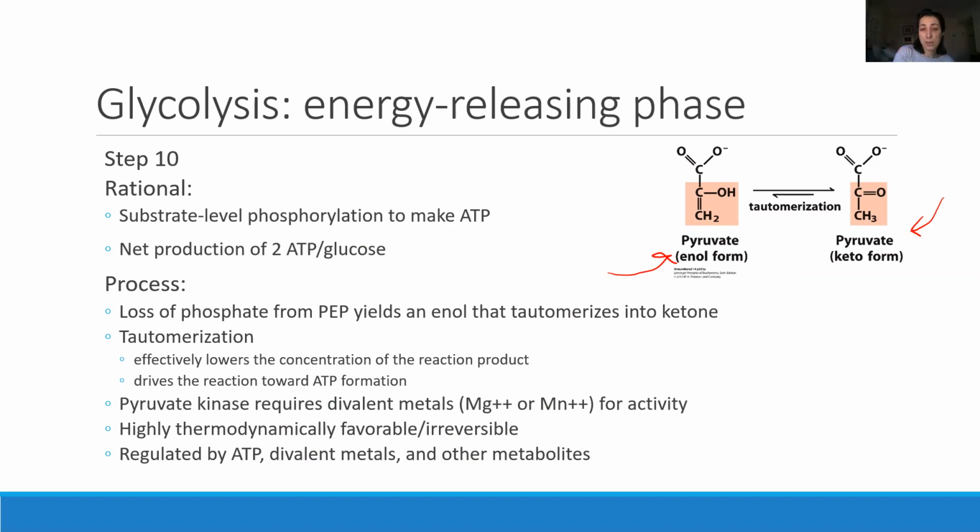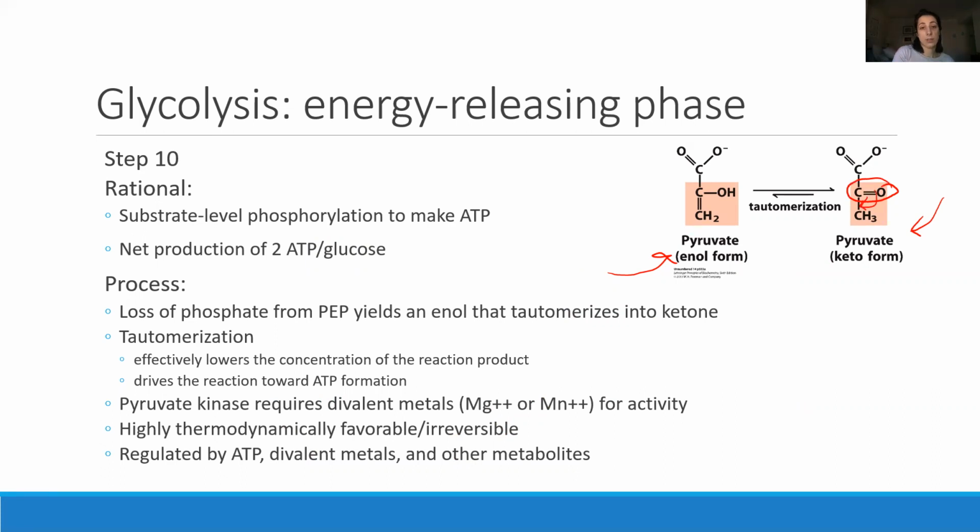Tautomerization is just the movement of electrons spontaneously within a molecule. And you can see here we're moving the electrons from this double bond oxygen here, carbonyl, to this bond between carbon and methyl group. And we also have the migration of a hydrogen.